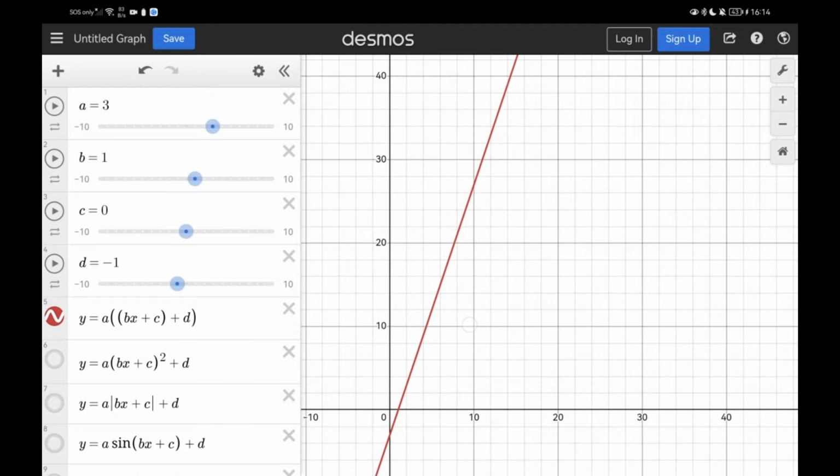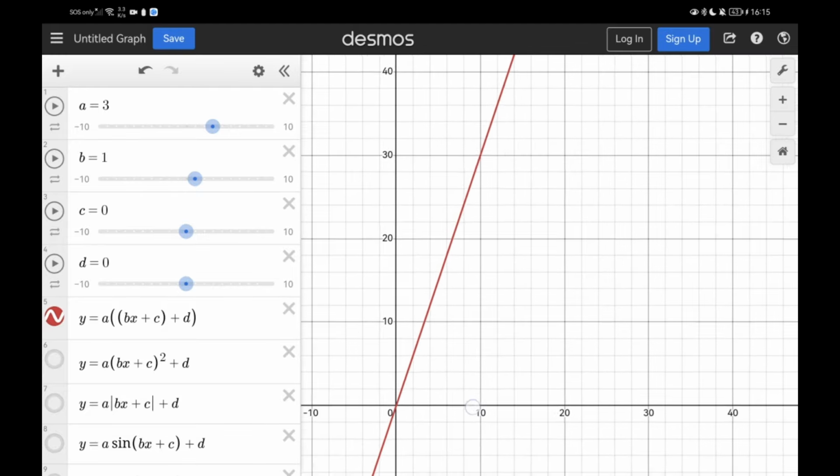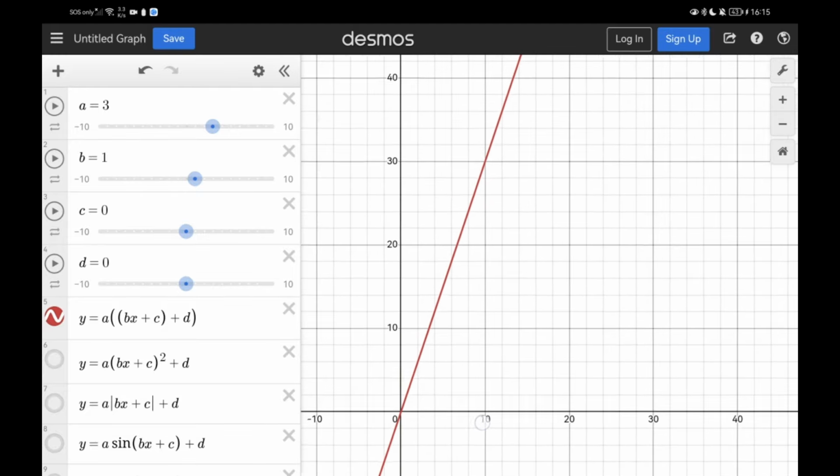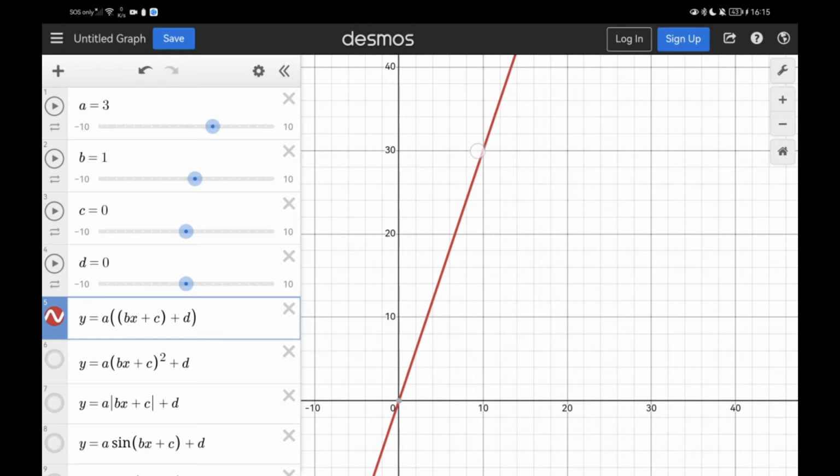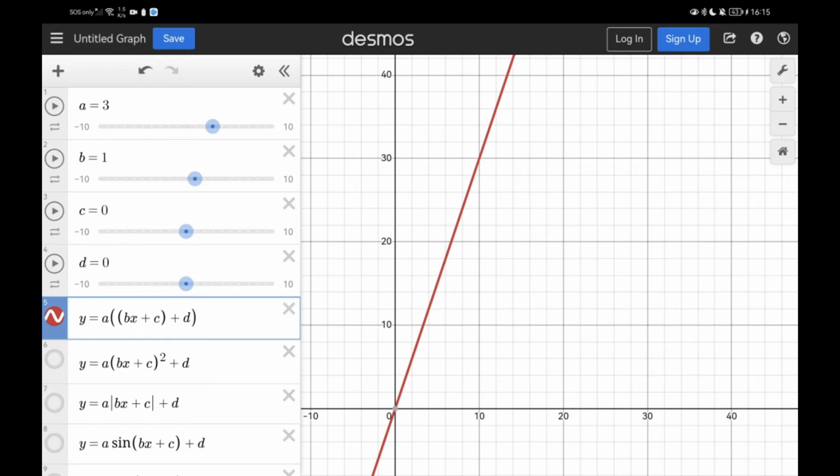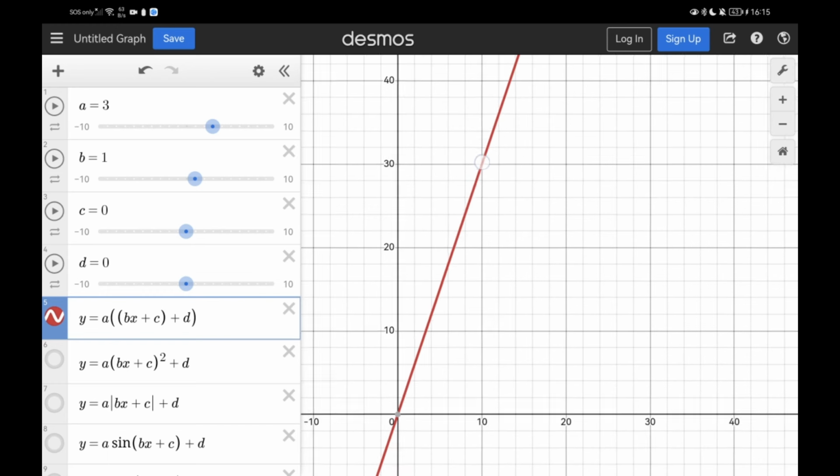That means for the same domain, its y coordinate is getting 3 times bigger, increased by 3 times, or generally a times.